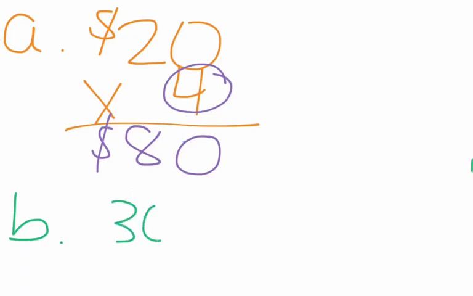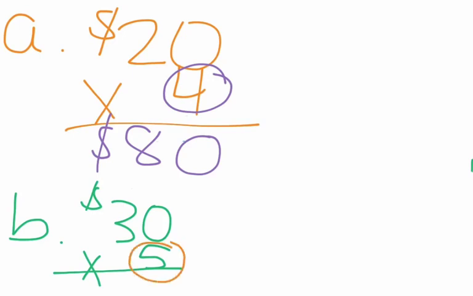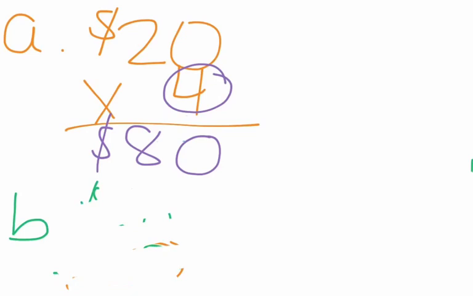So 30 times 5, and we're going to multiply every number by this guy. 0 times 5 is 0, 3 times 5 is 15, making the total $150. About. Okay? Alright. I'm going to erase, and we're just going to keep moving.